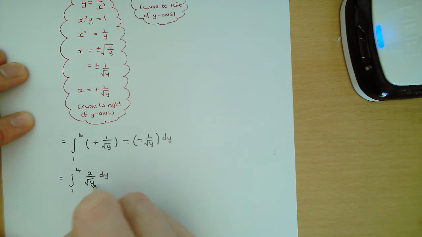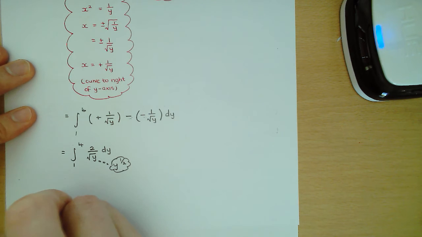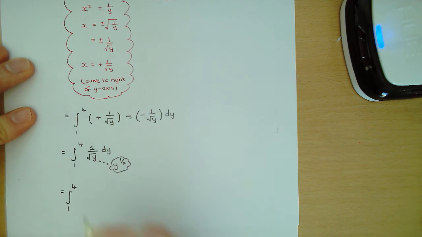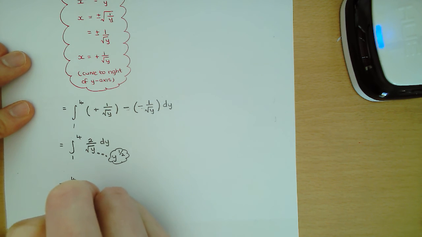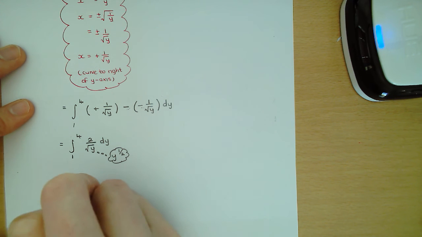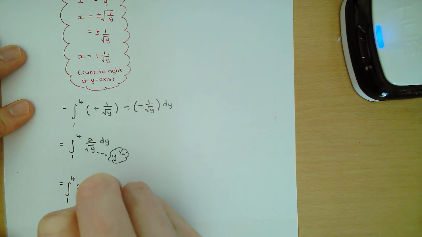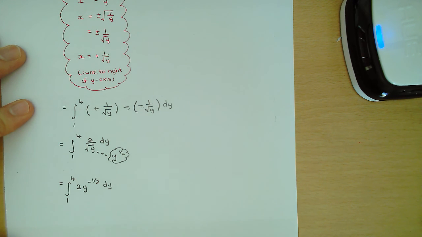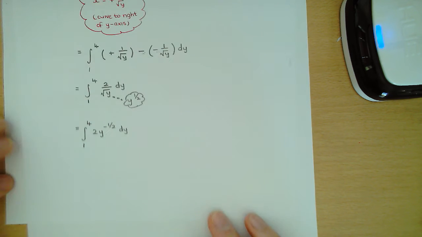Remember, the square root of y is the same as y to the power of a half. But we want to get this y to the power of a half to the top line, so we're going to slide it to the top but change the sign of the power. So that's going to give us the integral between 1 and 4 of 2y to the power of negative a half, and then we're integrating with respect to y. So we're good to go now, we're ready to integrate.